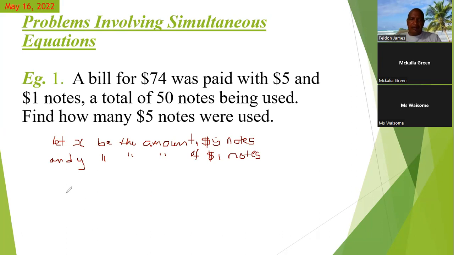So you can say, therefore, one equation would be what? 5x plus $1 notes, it would be 1y, which is just y, would be equal to $74, but you're going to just write 74 without the dollar sign. And you could call that equation 1.